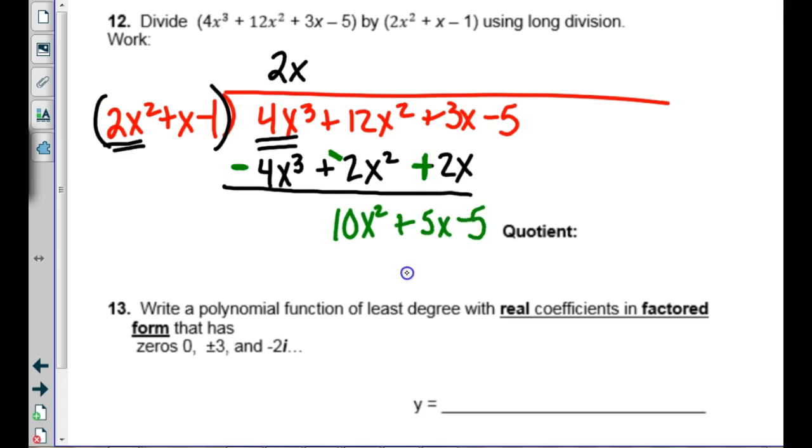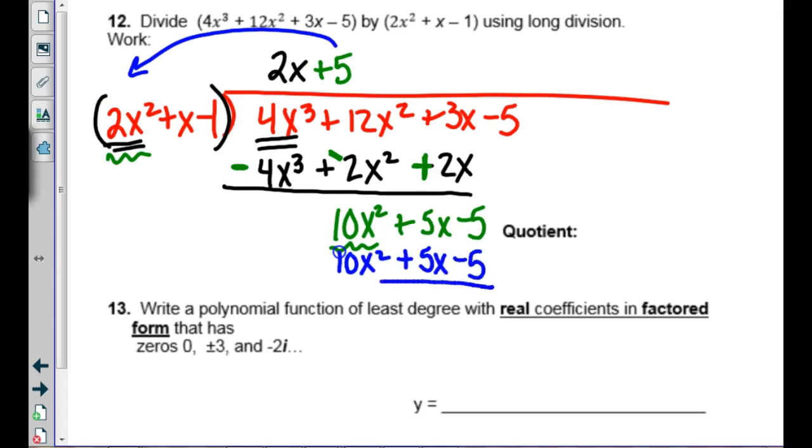Oh, we might be in luck. What happens? 2x squared to become 10x squared would just need to multiply by 5. And then if I distribute the 5 to all of this out here, I get 10x squared plus 5x minus 5.